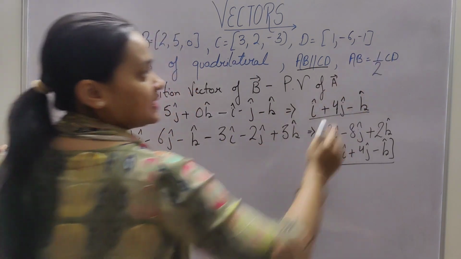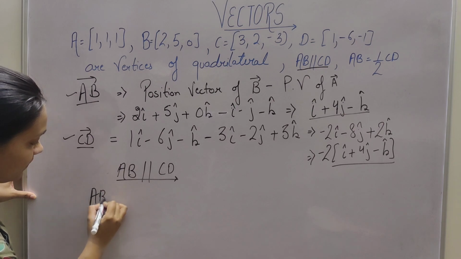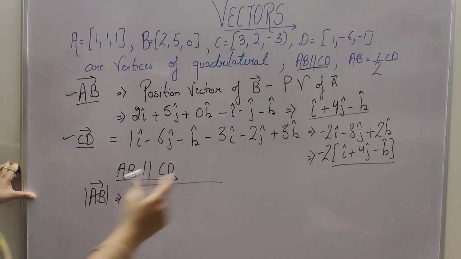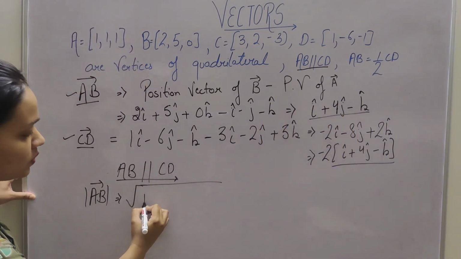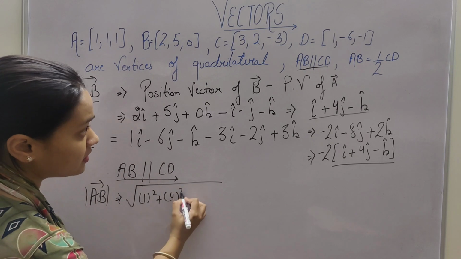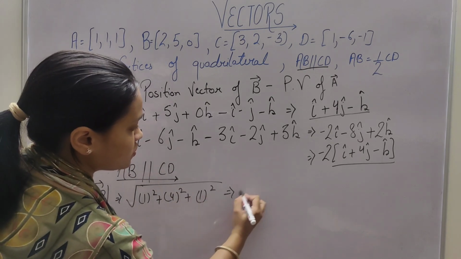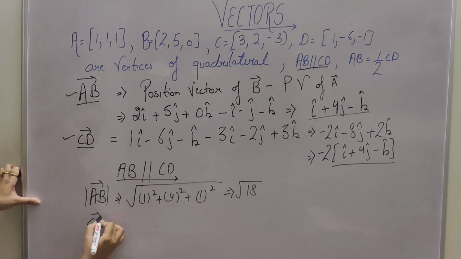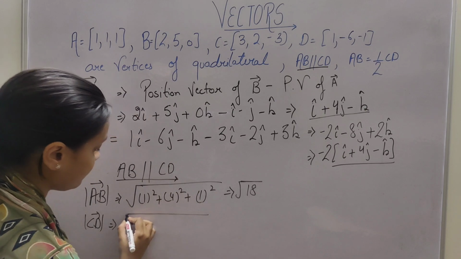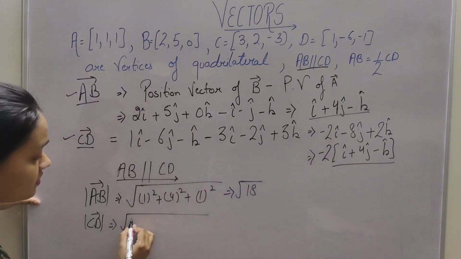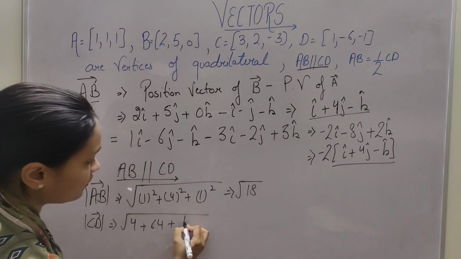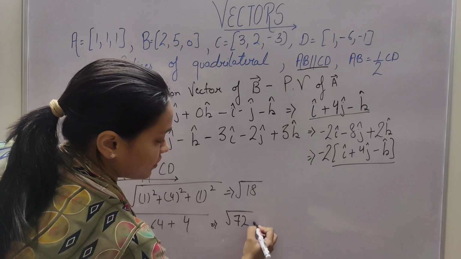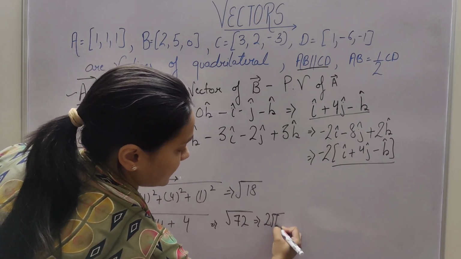Now calculate the magnitude of AB and CD. The magnitude of AB, taking 1 square, 4 square, 1 square, comes root 18. Similarly taking this on CD, we get 4, 64, 4, which is 72, so 2 root 18.